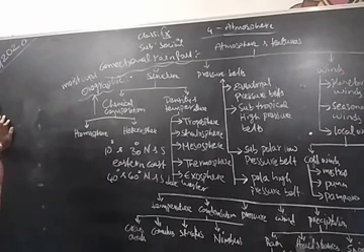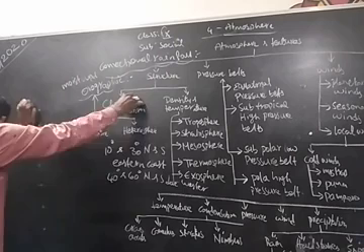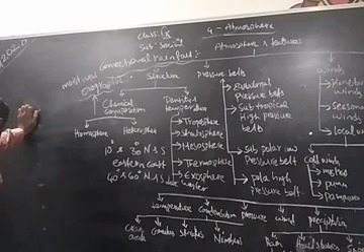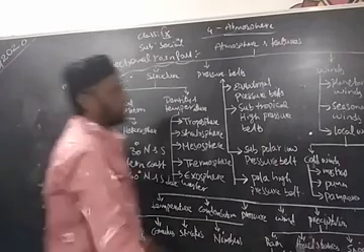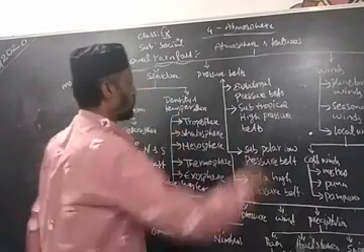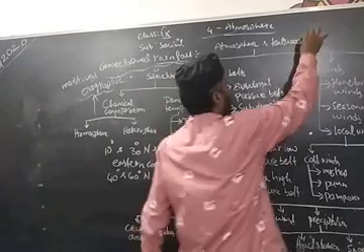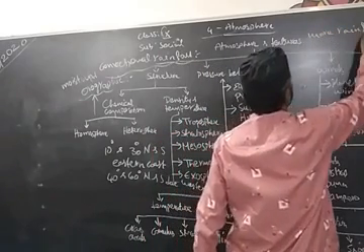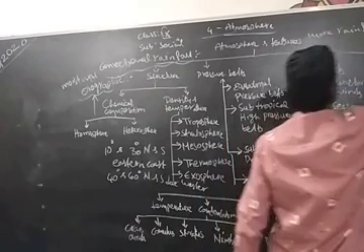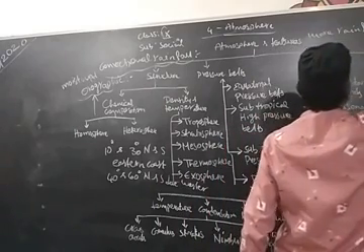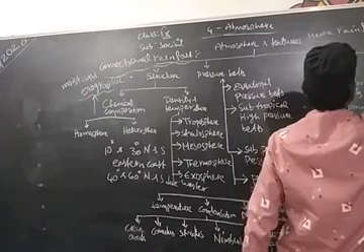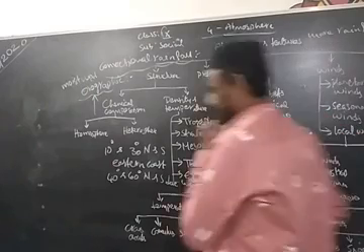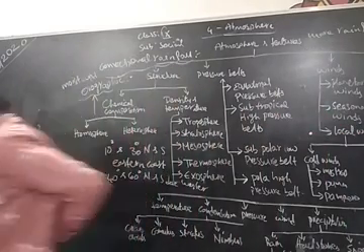Then the rainfall is more over the oceans than on the continents. So more rainfall we can see in oceans than on the continents.